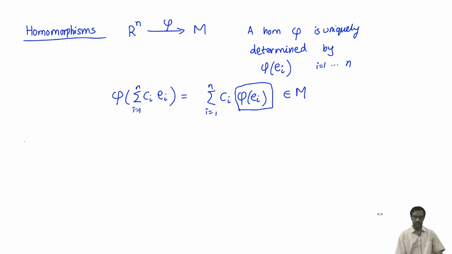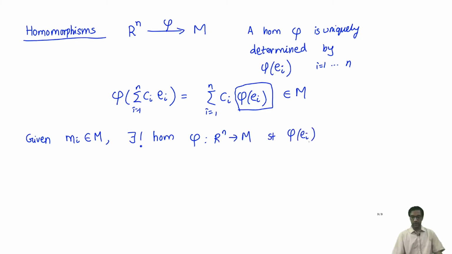Let me make the precise statement, and you can prove it from what I just said. Here's the statement: given mi's in M, there exists a unique homomorphism phi from R^n to M which maps ei to mi.